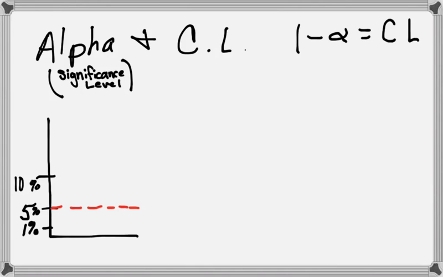We reject rare events. Okay? And so if it falls under here, we call it rare, or we call it statistically significant. If my results are statistically significant, I reject the null. My p-value is less than my alpha.